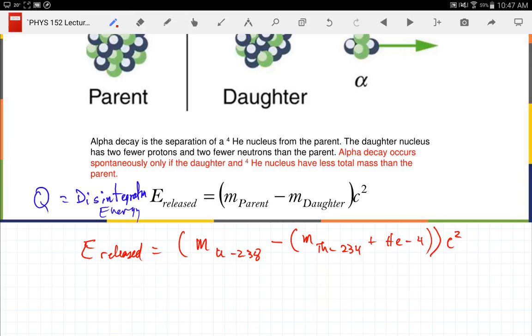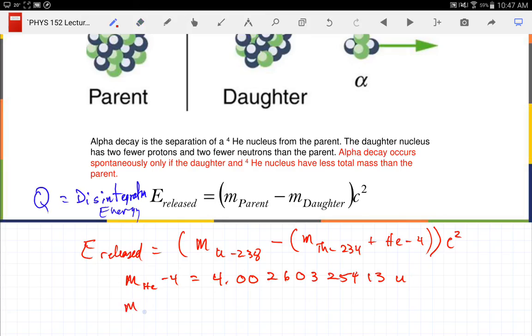So the safest thing for me to do is going to be use all of those digits. And so I'm going to say, and I'm writing this down so you'll see it later, 4.00260325413 atomic mass units. That's the mass of the helium-4.